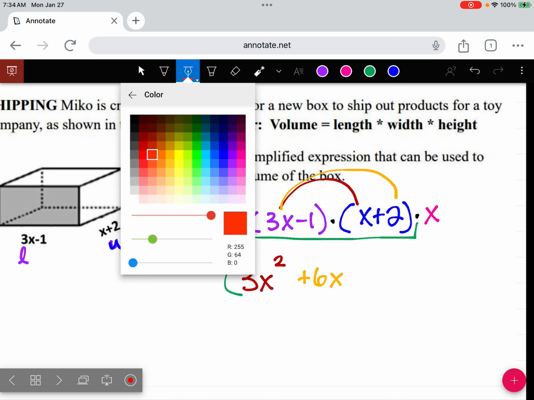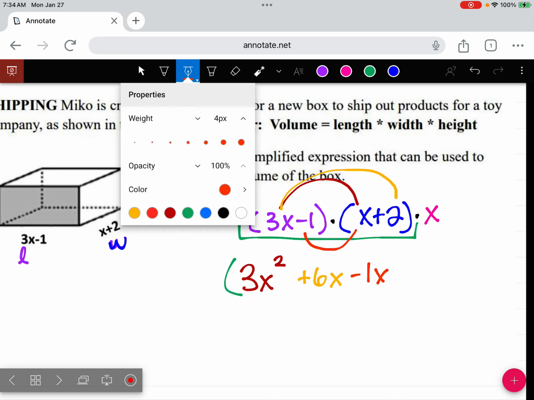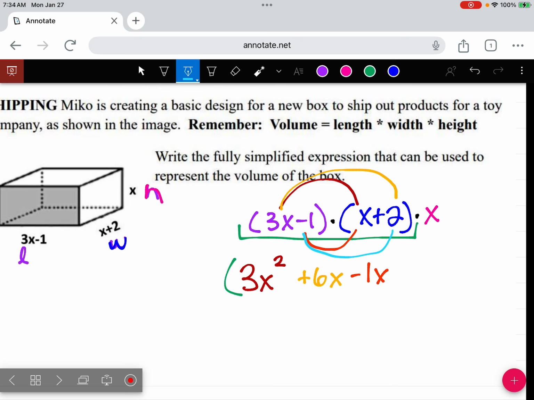I'm going to have my minus 1 times x, giving us a minus 1x. Minus 1 times the 2 to get a minus 2. And then we've still got this x just kind of chilling over here.